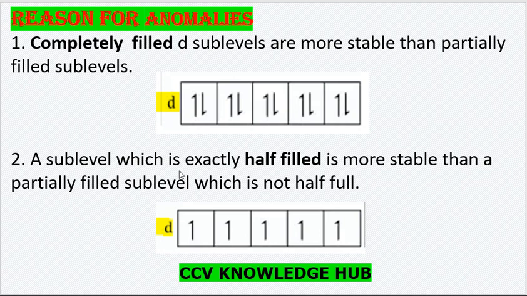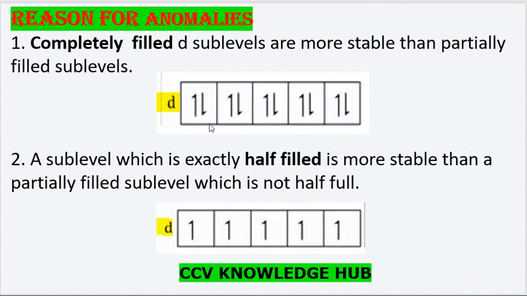So there are 2 points you always have to remember. One is completely filled d orbitals are more stable, and the other is half filled d orbitals, that means out of 10 only 5 electrons are present in the d orbitals, and all the spins are the same here.